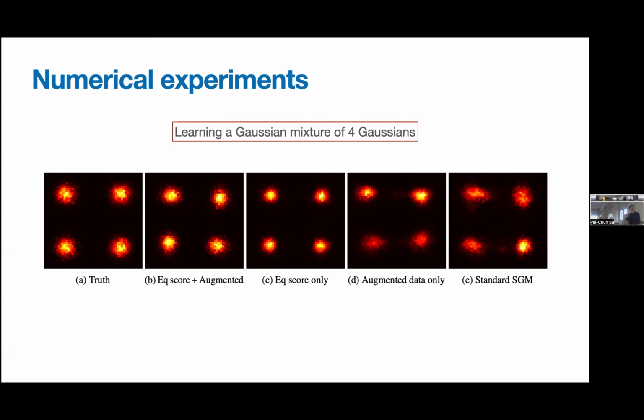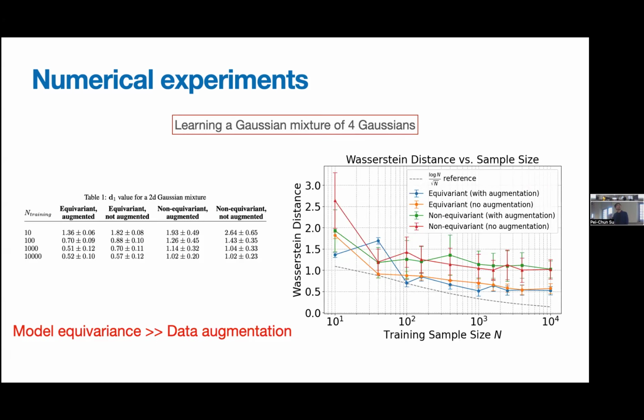If you compare the result with the ground truth, these two are the best, right? If you have equivariant score approximations. Quantitatively, you have the following one distance between the generated distribution and the target distributions.